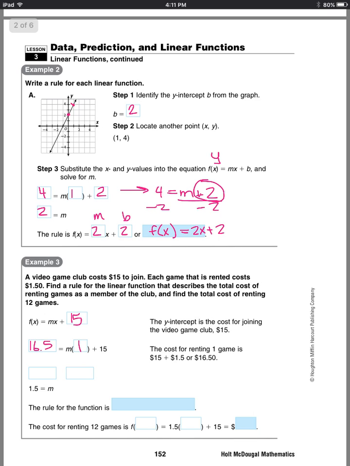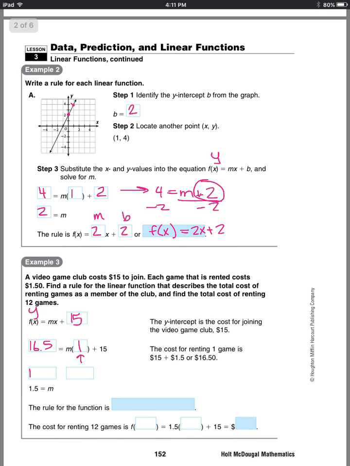That is because our y is dependent on our x, right? And our x, we can choose any amount of games. Our x is our games, our y is our price. So we can choose any amount of games and put it in here, and if we multiply it by m and add 15, we will get our total price.